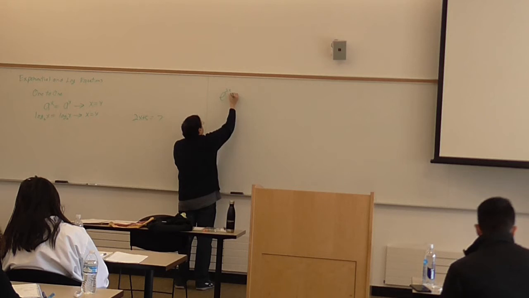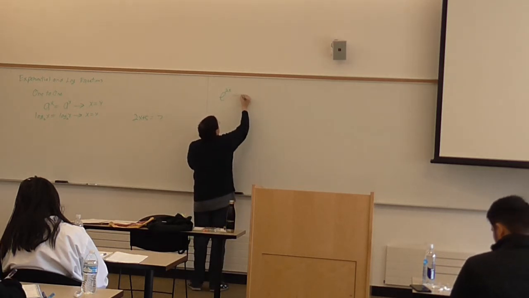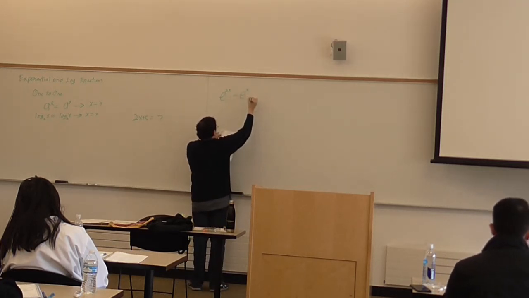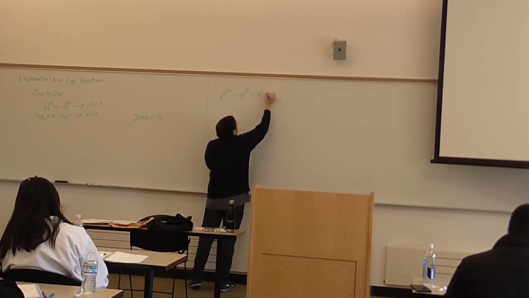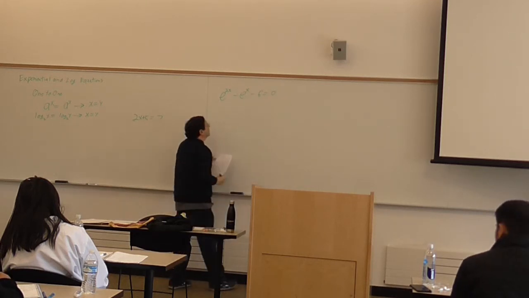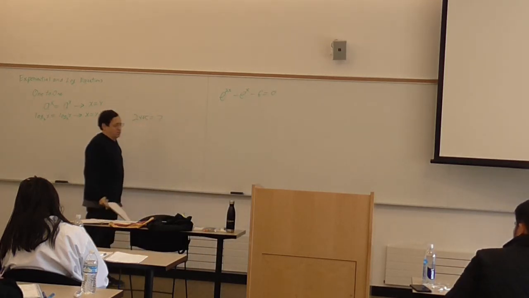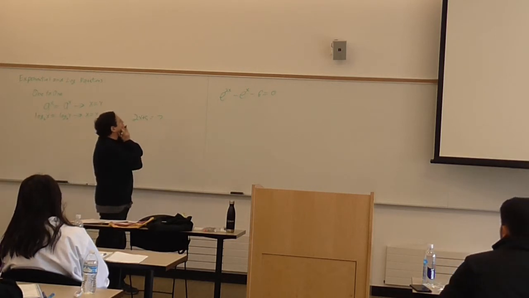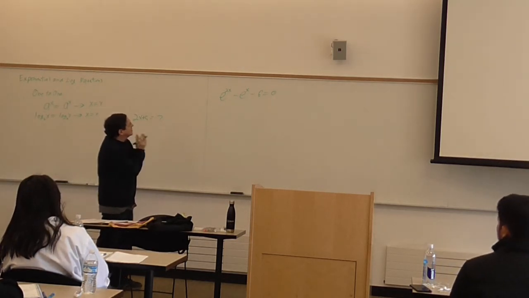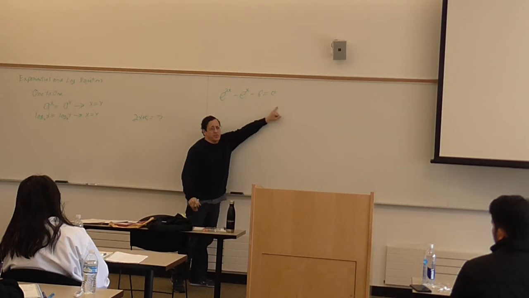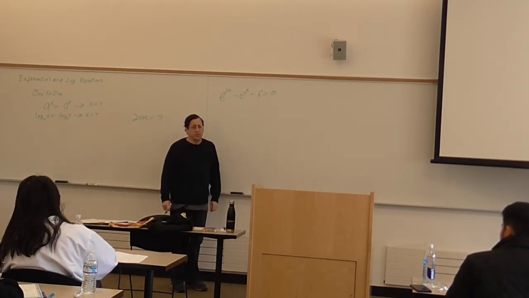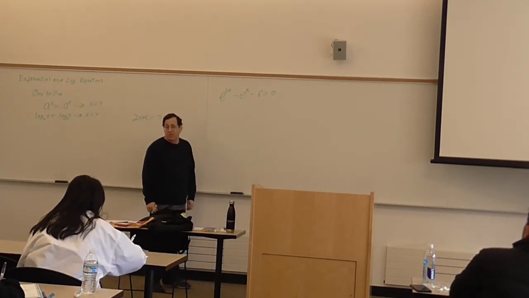e to the 2x minus e to the x minus 6 equals 0. Uh-oh. Finding the log of this right now is going to do us no good for a number of reasons.